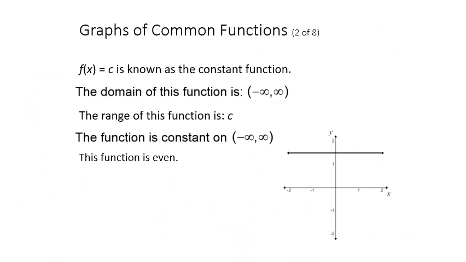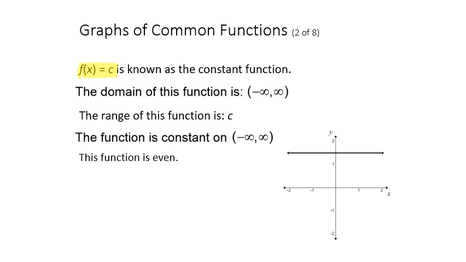So the function here is the constant function. F of x equals c, where c is any number, right? So f of x equals 7, f of x equals -12, f of x equals 2.261, f of x equals pi, f of x equals a number.